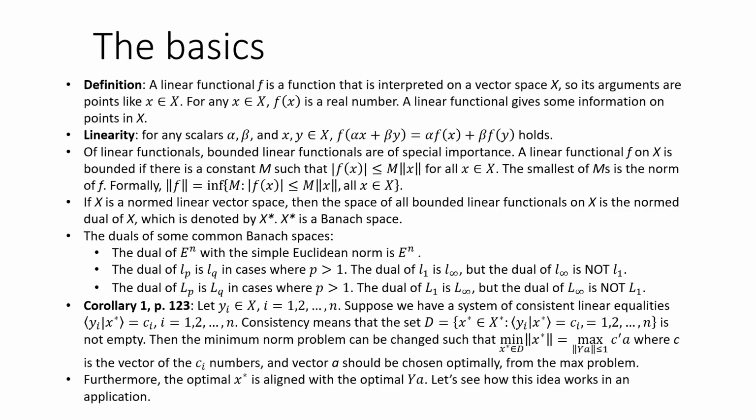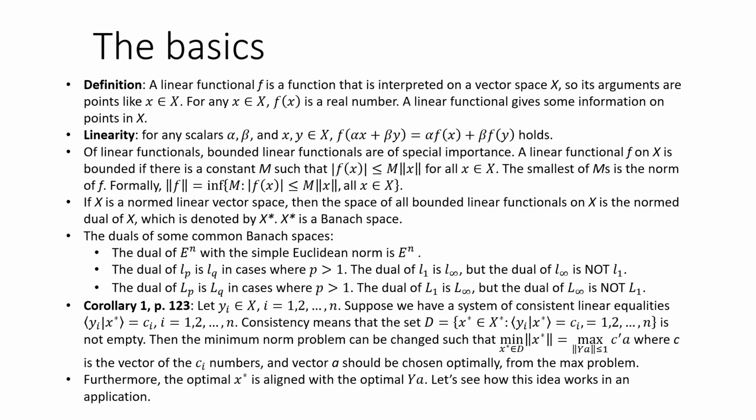This is important because we pay special attention to bounded linear functionals. If we have a normed linear vector space, then the bounded linear functionals on this space live in a space that we call the norm dual of the primary space, which is a Banach space. So the norm dual is a Banach space. You can see the duals of some common vector spaces.